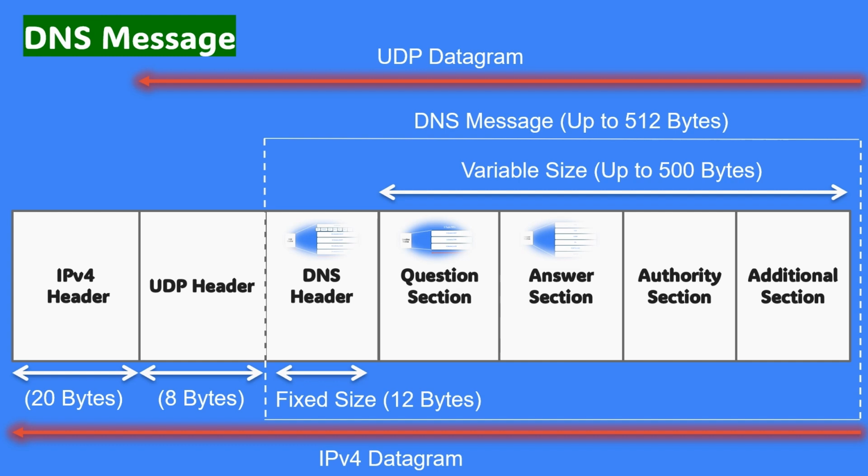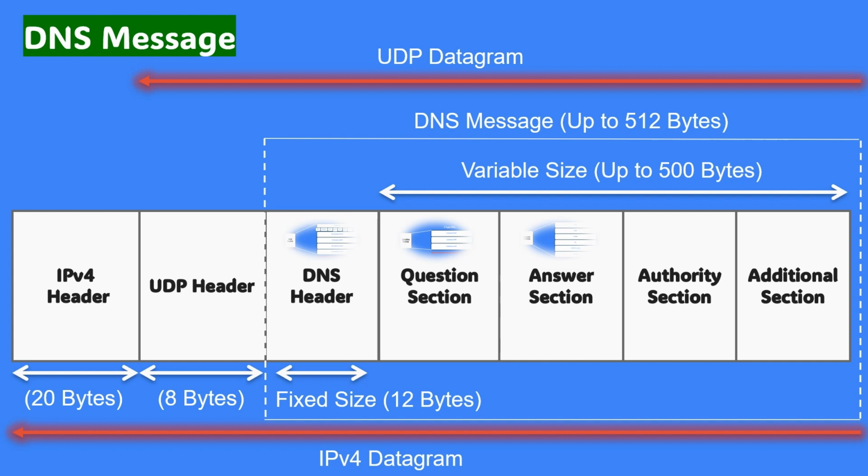Now further, we can also see DNS normally uses a UDP header. That is why we can see 8 bytes of UDP header. If the 512 bytes of DNS message is ever exceeded, at that time there will be a switch of protocol from UDP to TCP, because TCP gives us more reliability while sharing a big chunk of data.